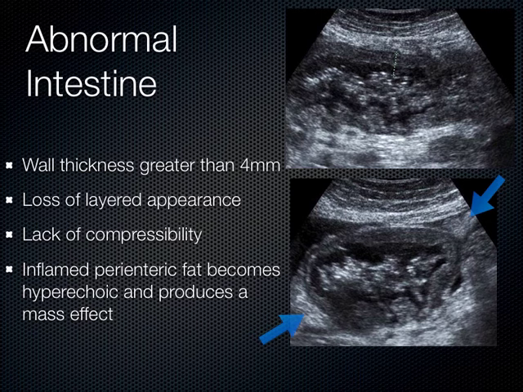And when I compress them, it exudes this mass effect. It all kind of moves together as one unit. Now, intestines should easily flop around each other and slip around each other and should slide amongst one another. When there's inflammation or abnormality there, then it all moves together like a unit. And this is an example here of a patient who had pseudomembranous colitis.